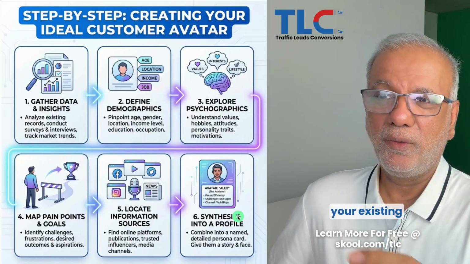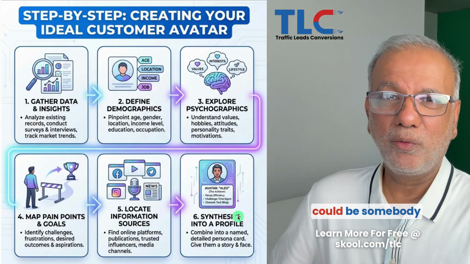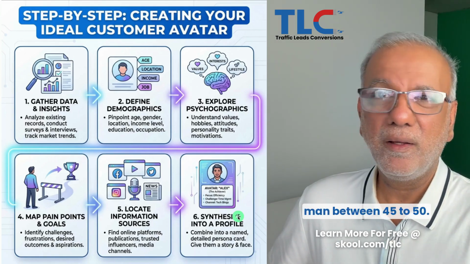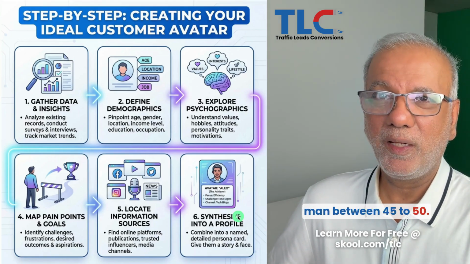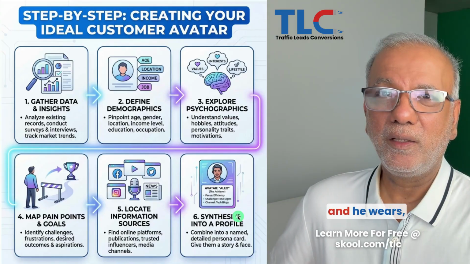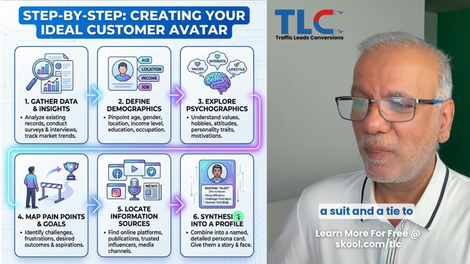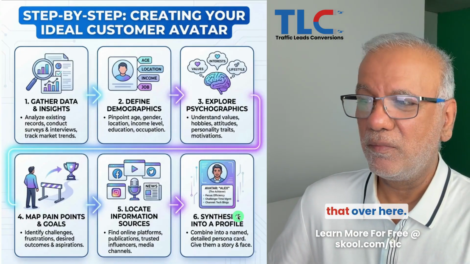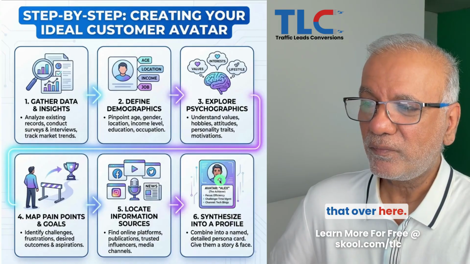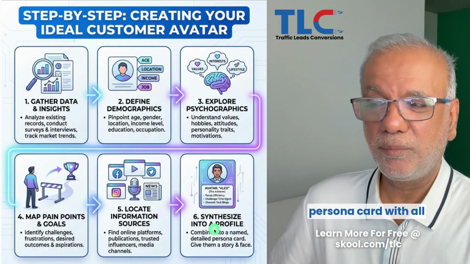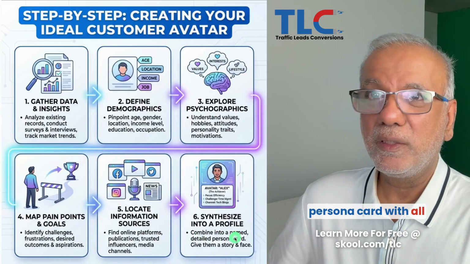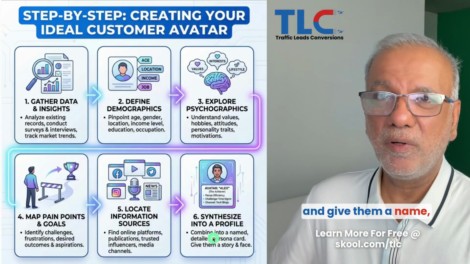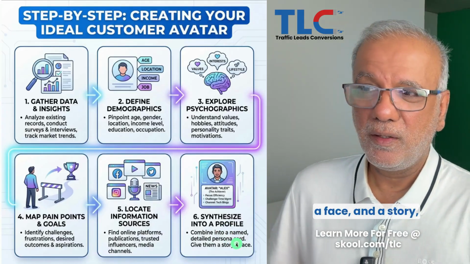So it could be one of your existing customers' photo, or it could be somebody you say, okay, this is a middle-aged man between 45 to 50. He's a professional and he wears a suit and a tie to his office. So put a picture like that over here and create a detailed persona card with all this information and give them a name, a face, and a story.